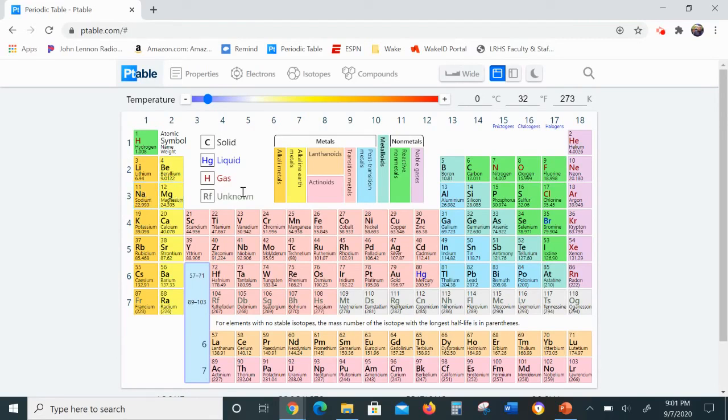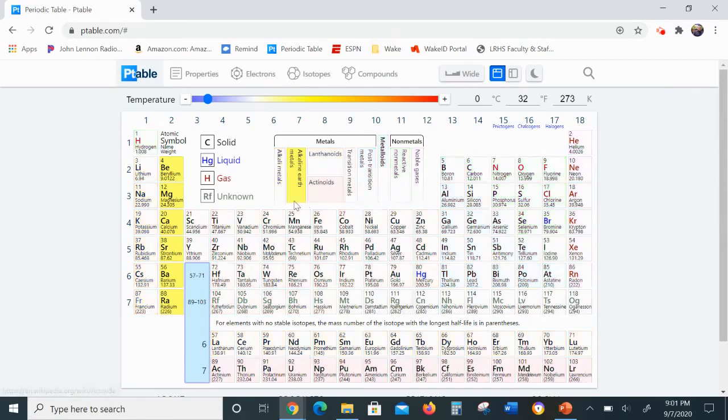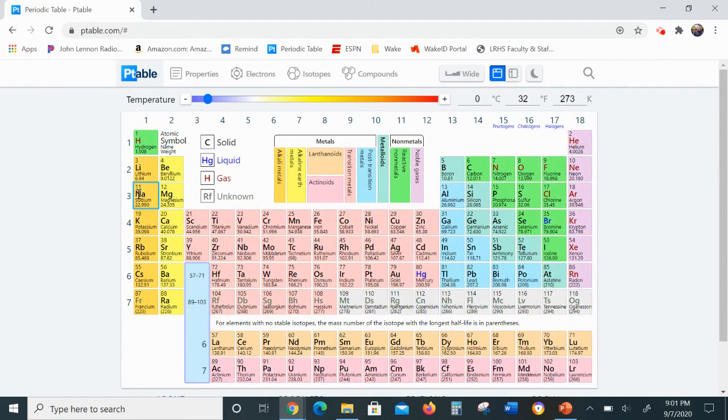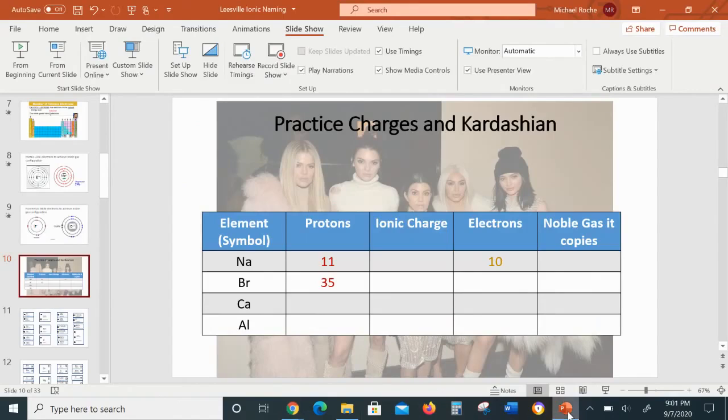So it can either go all the way across here to get to be like the Kardashian argon, or it can go backwards 1 because it has 11. It can go backwards to 10 and be like neon. It's much easier for sodium to go backwards to neon. So getting back to our little chart here, sodium will have a charge of +1 because it'll be like neon when it has 10 electrons and 11 protons.